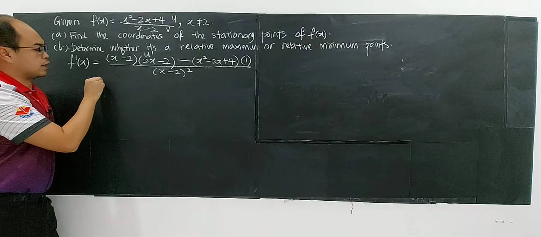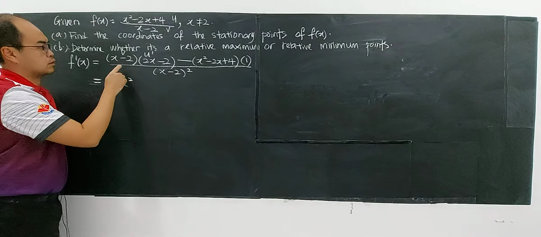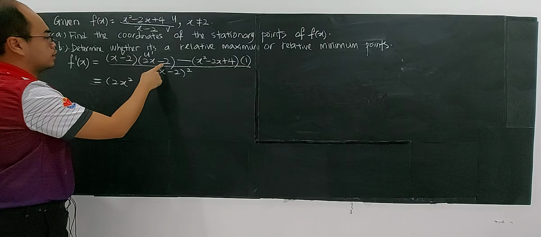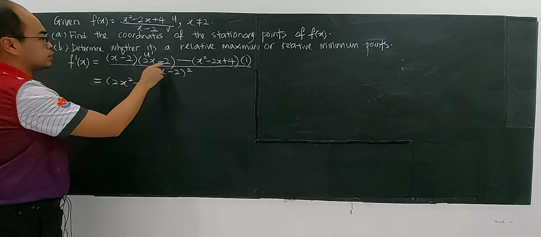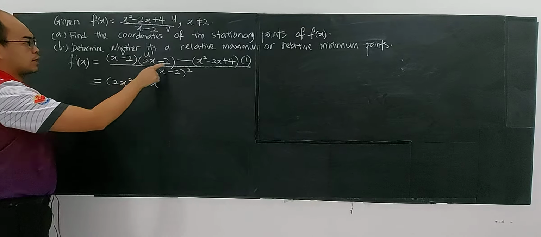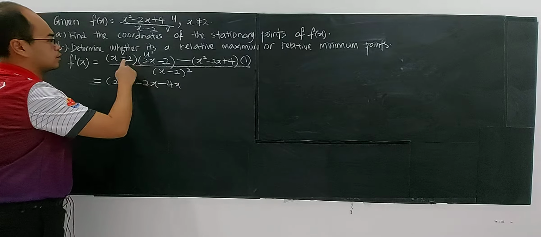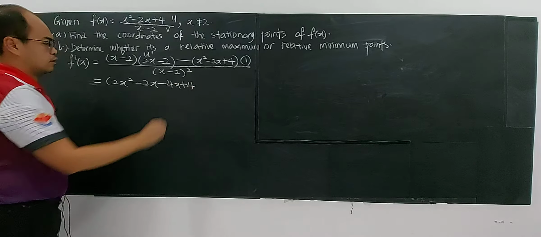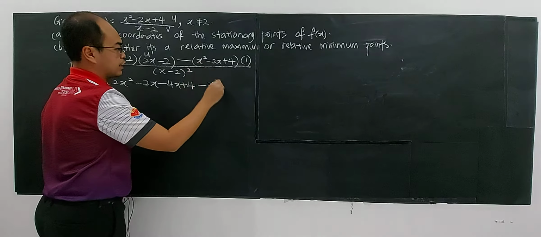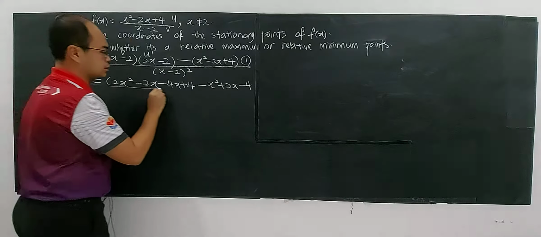So we expand this whole thing, and it will become 2x squared, minus 2x, minus 4x, plus 4, minus x squared, negative negative positive 2x, and negative 4. Okay, we simplify the numerator.